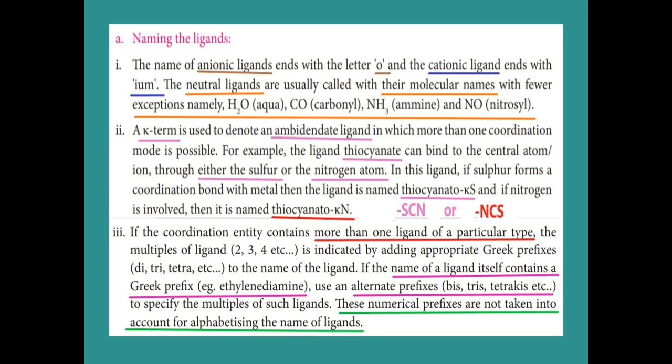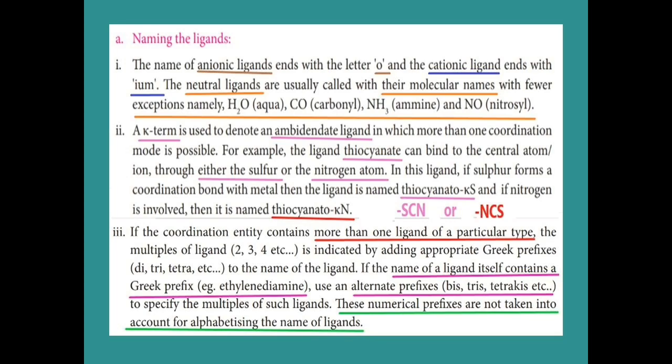If sulfur is coordinated with the central atom, we say thiocyanato-κS. For nitrogen, we say thiocyanato-κN. This is for the ambidentate ligand. We have to write the small kappa term before the name. Whichever atom is going to be coordinated with the central atom, we have to mention that atom with the kappa term.